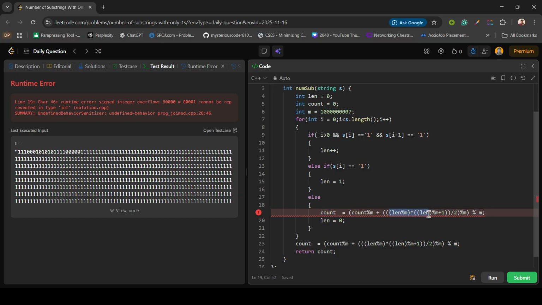We are multiplying this with this, and we're not taking any percentage here, right? So I will take percentage m of this also, and we'll copy this with this.